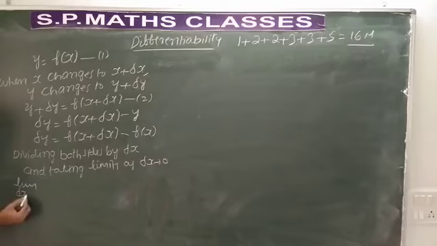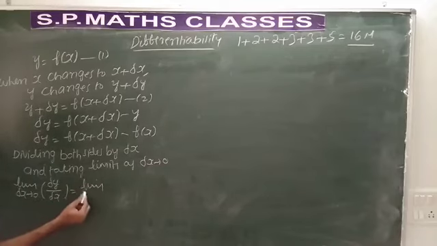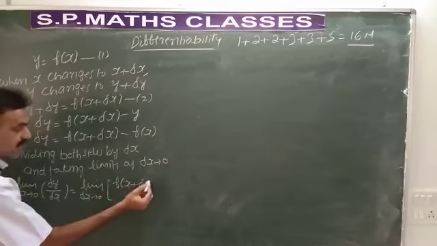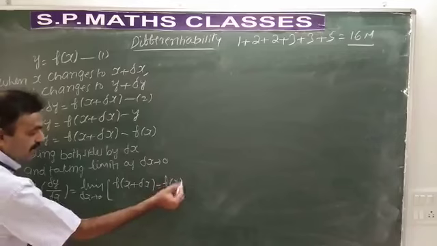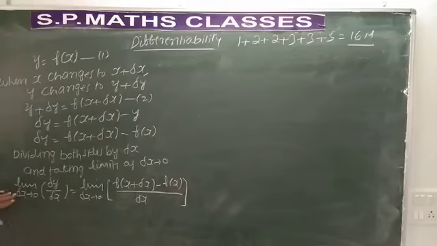Limit as delta x tends to 0, delta y by delta x is equal to limit as delta x tends to 0, f of x plus delta x minus f of x divided by delta x. Now students, this delta x tends to 0. It approaches 0, not exactly 0. When the limit as delta x tends to 0 of delta y by delta x exists, that is taken as dy by dx.